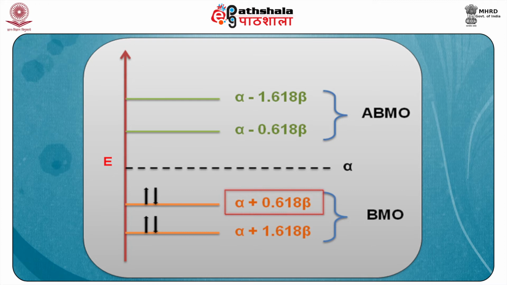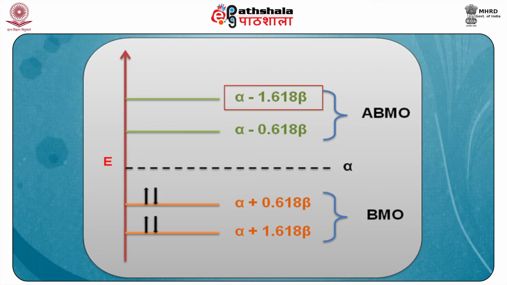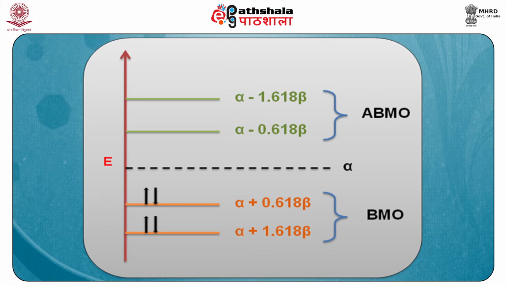This is again a bonding molecular orbital, but since alpha plus 1.618 beta is lower in energy, it sits below it. And then we have antibonding molecular orbitals. The next in energy is alpha minus 0.618 beta, and then we have alpha minus 1.618 beta. So these are the 4 molecular orbitals drawn on the basis of the corresponding Huckel energy level diagram.